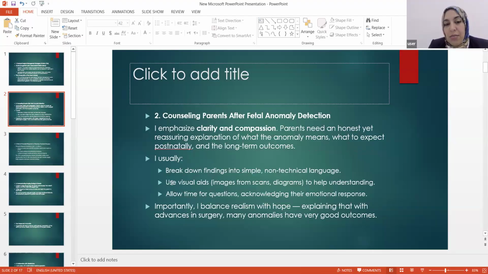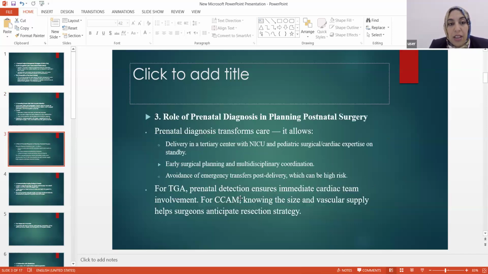You can give the parents a simple illustration and allow them time to ask about the hazards and the outcome of the baby.